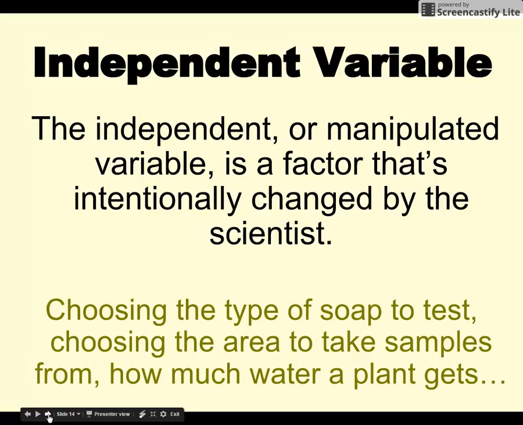So when the scientist is planning their experiment, these are the things that they want to really observe and decide and compare and change. So examples of an independent variable would be choosing the type of soap to test, choosing the area to take samples from, and how much water a plant gets. Those are all things that the scientist can intentionally change, making it the independent variable.